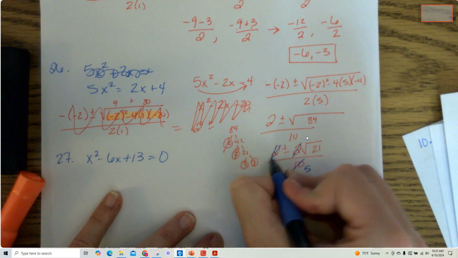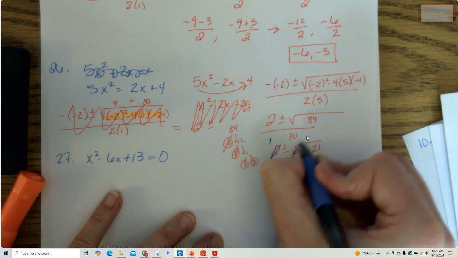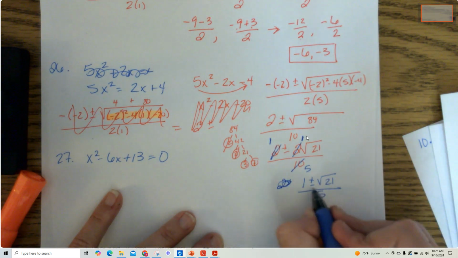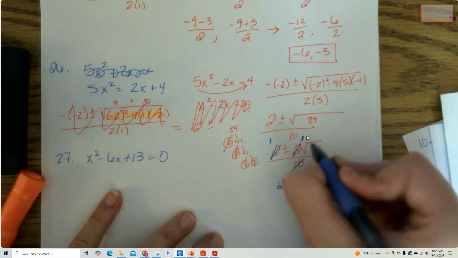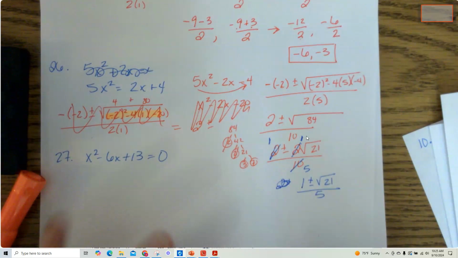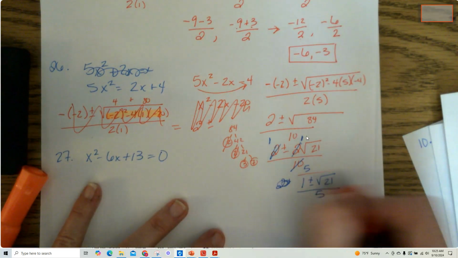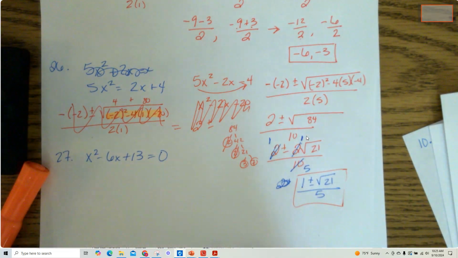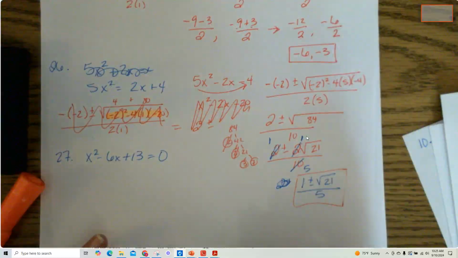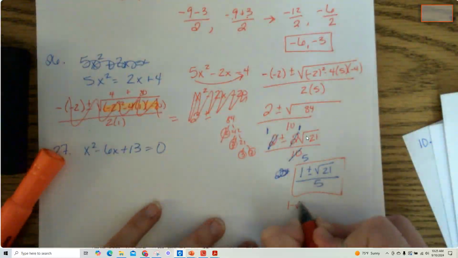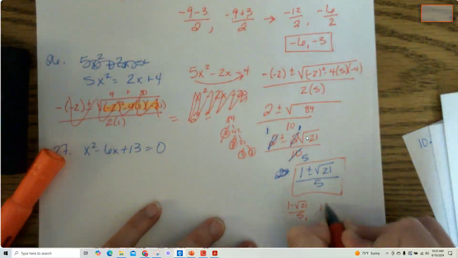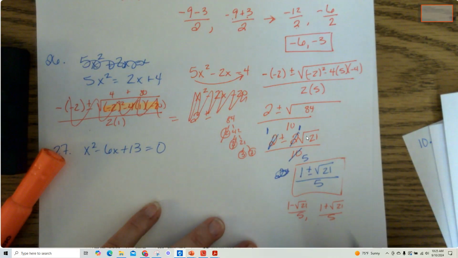So that factors out, but all it does is factor to a 1. Same thing here. That's proper form. So again, make sure you're writing your solution set right. You're going to have 2 answers on that one: 1 minus the square root of 21 over 5 and 1 plus the square root of 21 over 5.